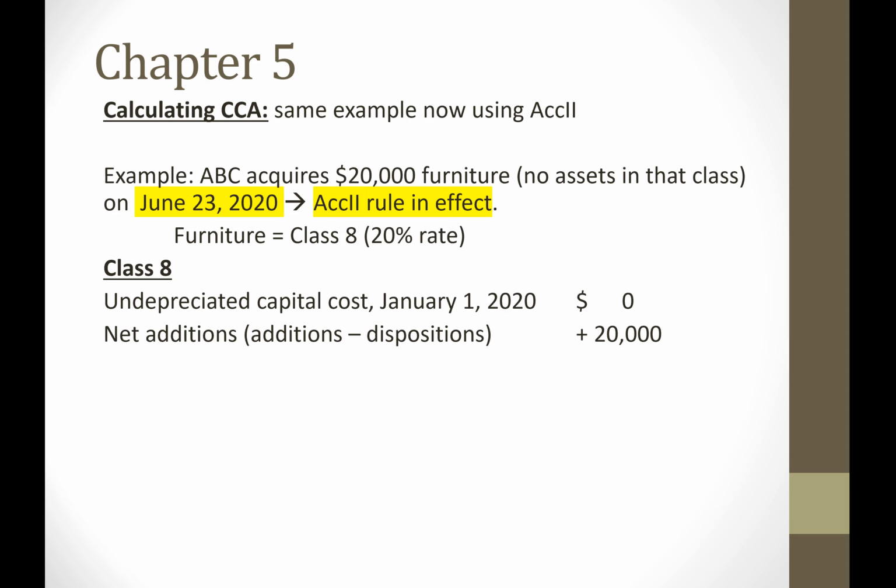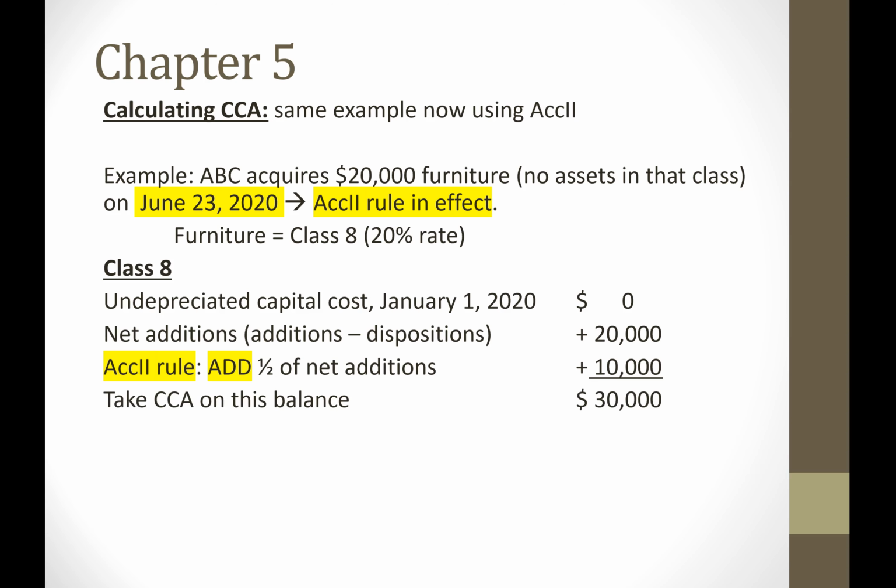The way the accelerated investment incentive works is that this is trying to enhance the amount of CCA we can deduct this year. So we get to make an adjustment by adding 1/2 of the net additions. Remember the half-year rule took off 1/2 of the net additions. The accelerated investment incentive adds 1/2 of the net additions. That's going to bring our CCA base to $30,000. We take 20% CCA, which is $6,000.